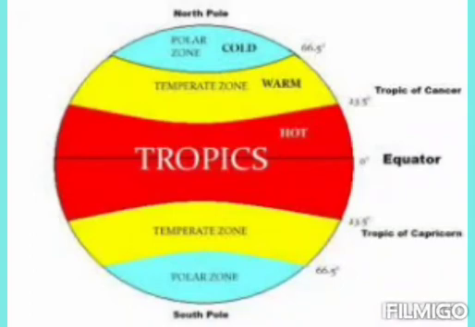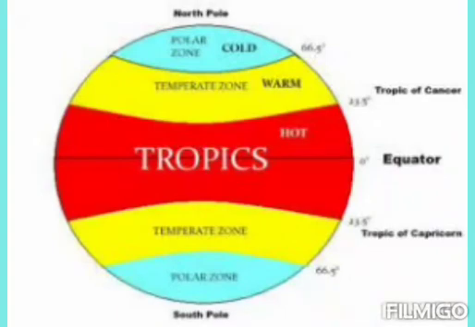90 degree N is the North Pole, 66.5 degree N is the Arctic Circle, 23.5 degree N is the Tropic of Cancer, 0 degree is the equator.